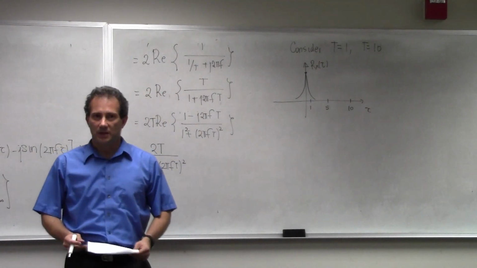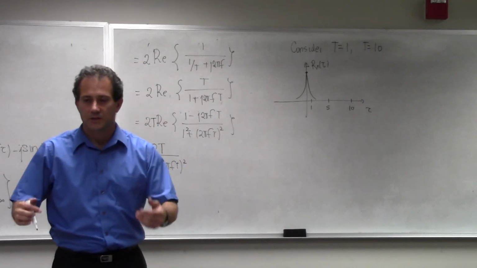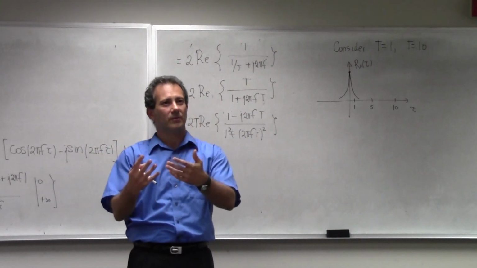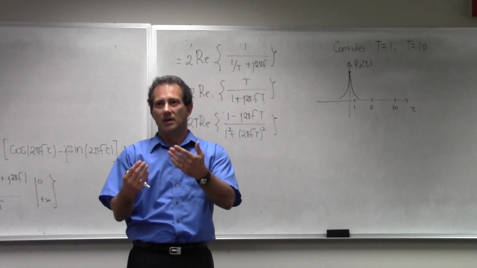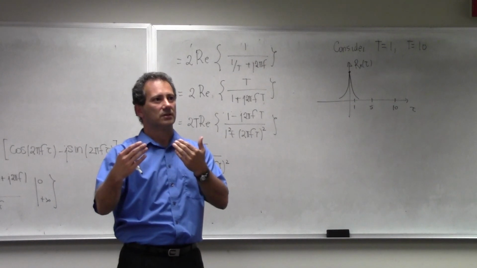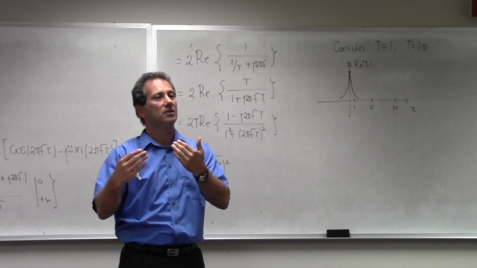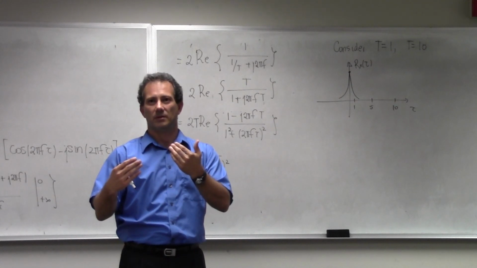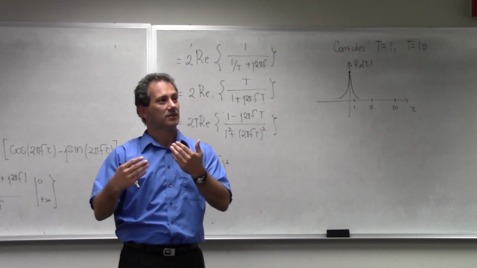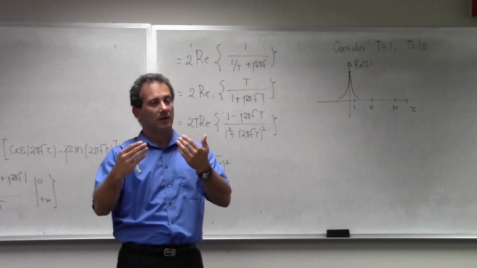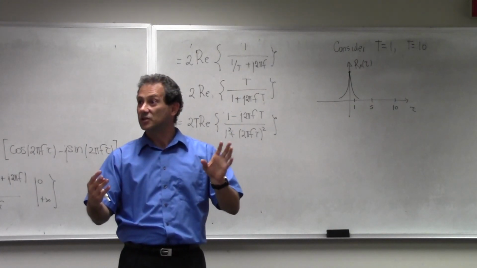What does that mean physically? Remember what the correlation says. You delay the signal and you take the dot product of the signal with itself. So what this says is, for a relatively small delay, the signal decorrelates. What kind of signal are we talking about? Something fast, right? Because I delay it a little bit, and all of a sudden it looks different. It changed.